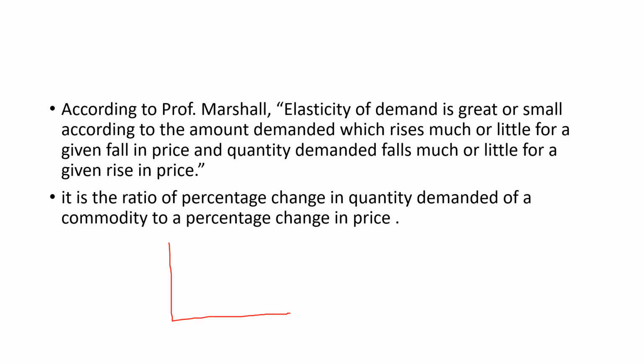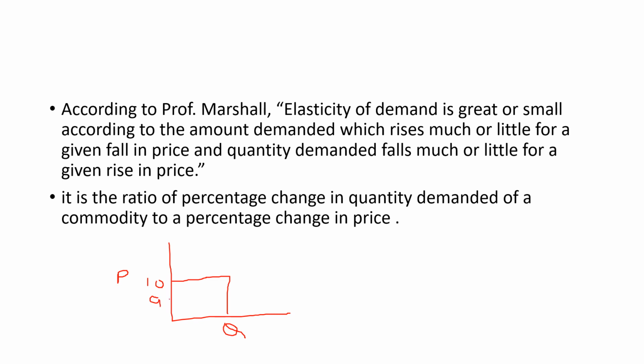So here is the diagram. For example, I'm going to take the product Maggie. The price was 10 rupees, and the quantity demanded was this much. Now the price has decreased to 9 rupees.